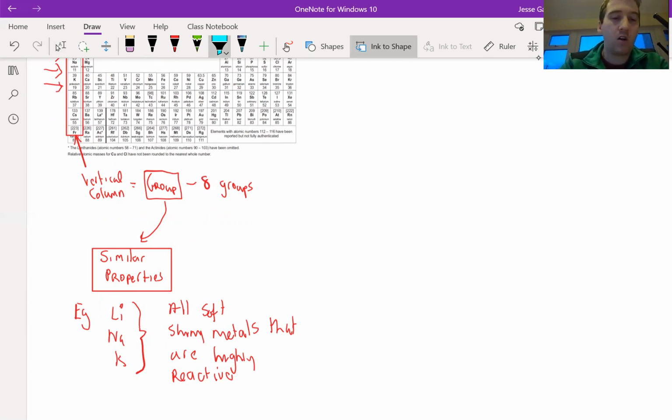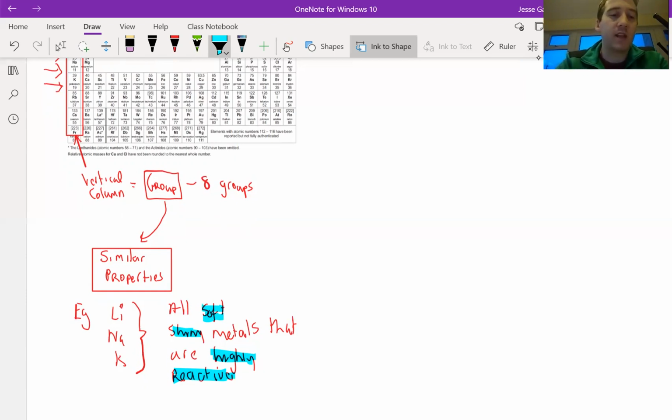Okay, so they are all soft and shiny. These are properties. We can see these features. And they are highly reactive. We can also see this. If we put them all into water, we can see how they react. Now, they're not identical.